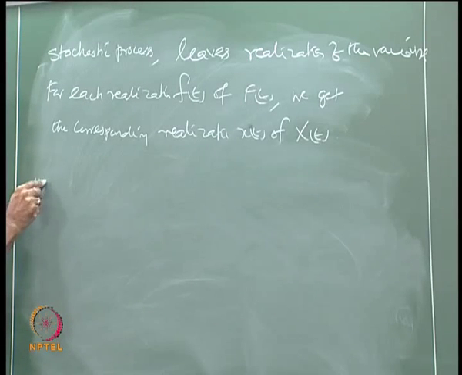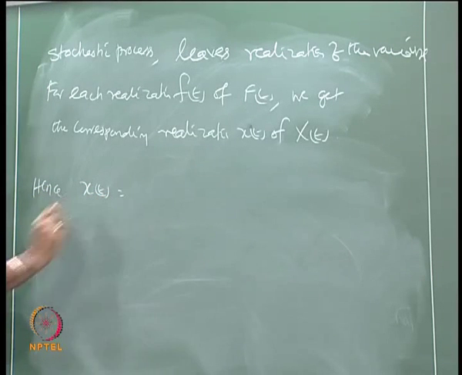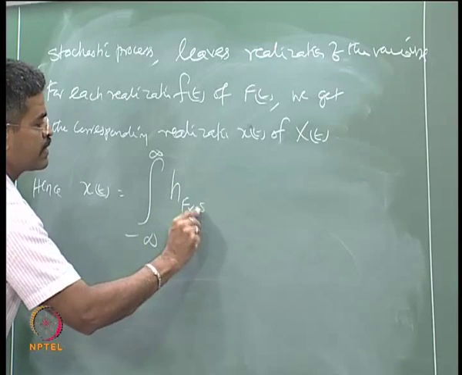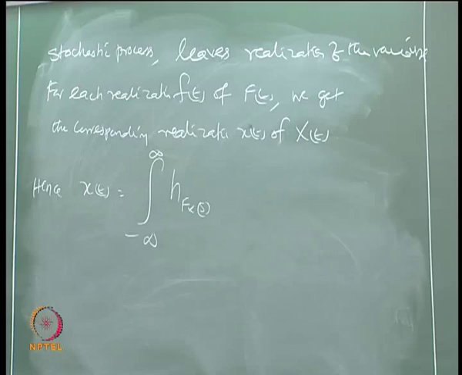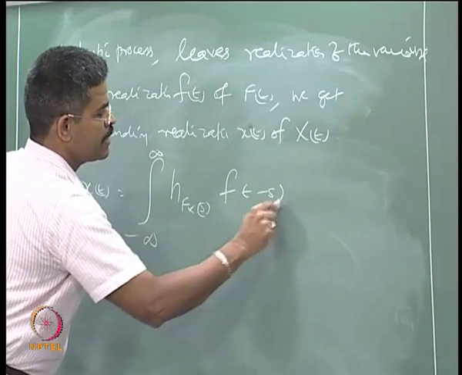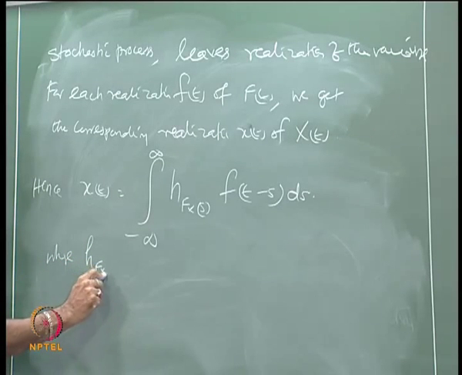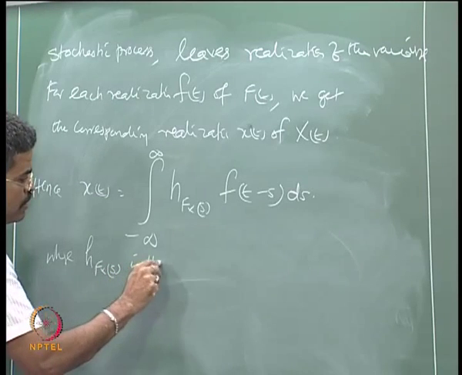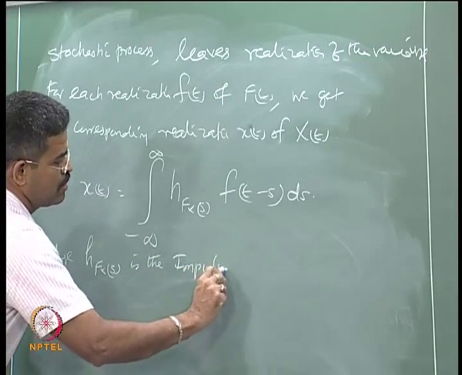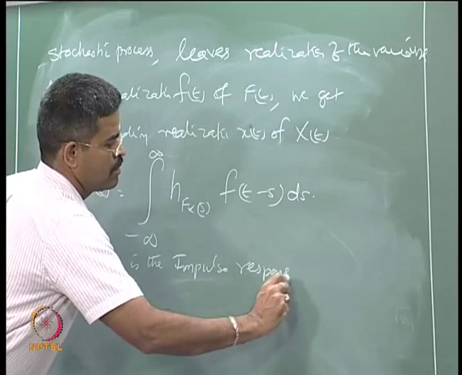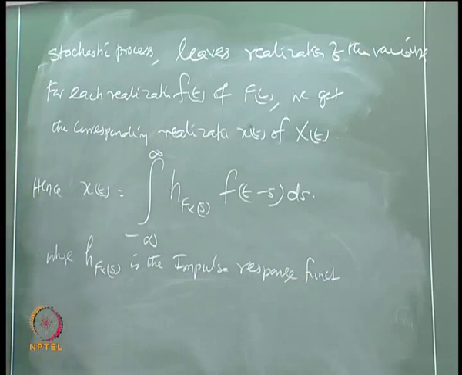Hence, x of t, which is a realized value, can be given as integral from minus to plus infinity h_fx(s) f(t minus s) ds, where h_fx(s) is called the impulse response function. What does it mean?